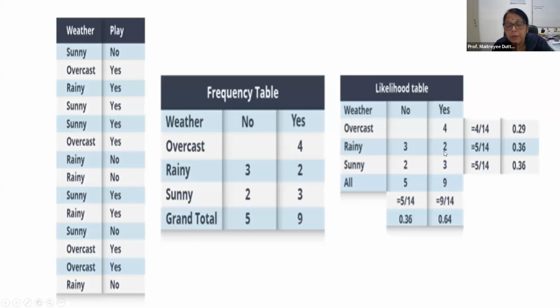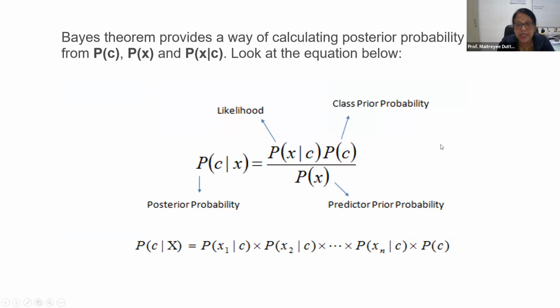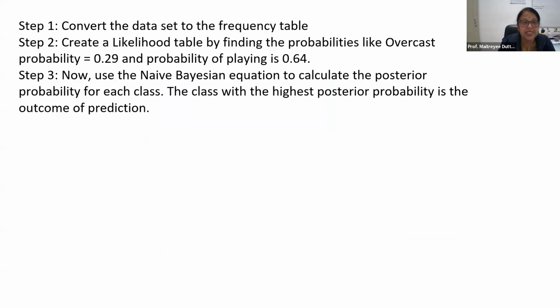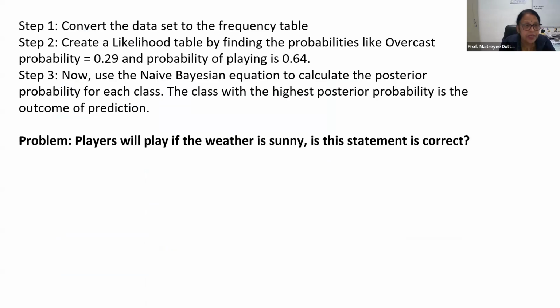So what will be the P of X given C? That will be 2 by 9. So that way we will calculate the probability of yes conditioning to the rainy season. Now let us see this thing. Okay, these are the steps we have found out, right?